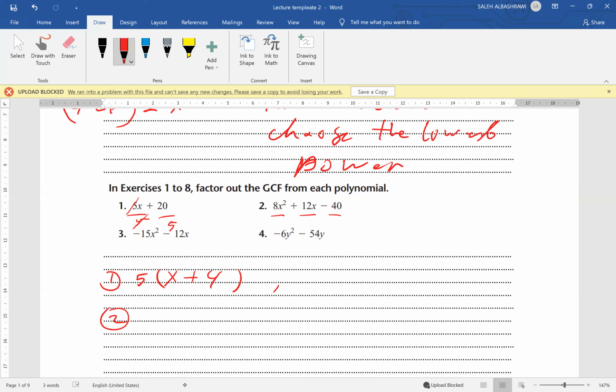We think about the coefficients 8, 12, and 40. 8 can be written as 2 to the power 3. 12 is 2 to the power 2 multiplied by 3. And 40 is 2 to the power 3 multiplied by 5.